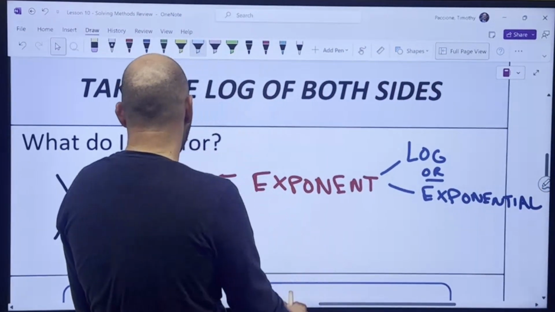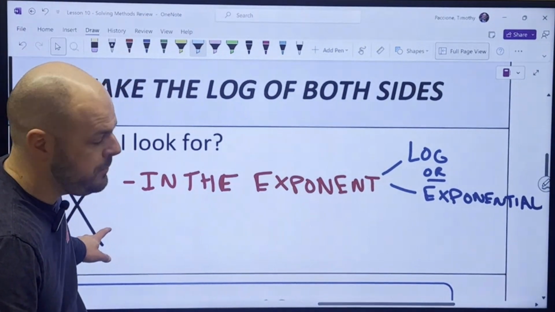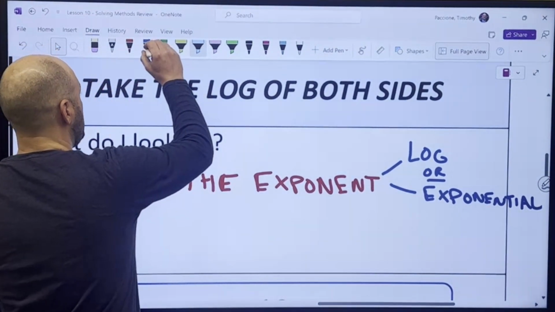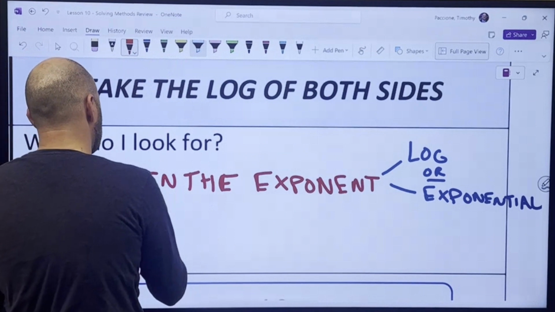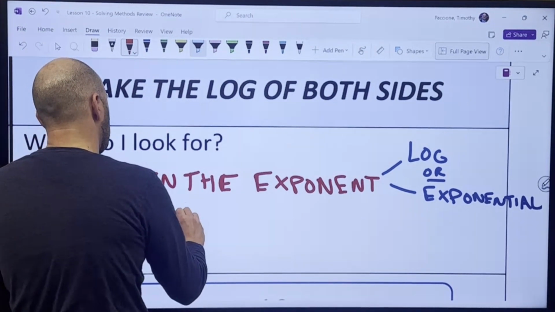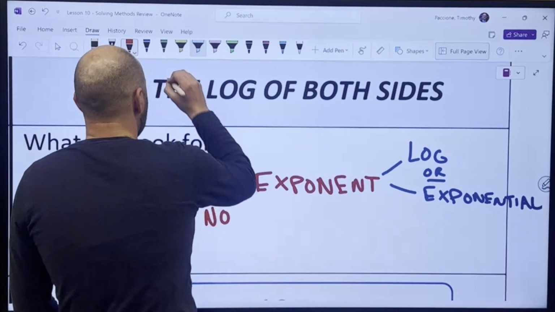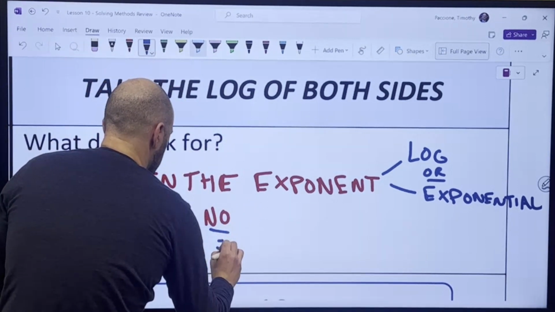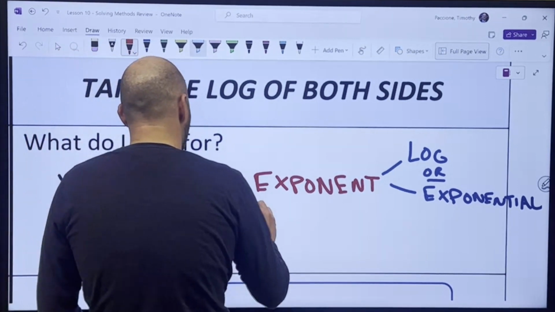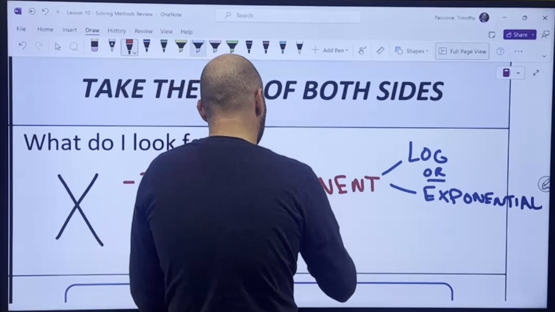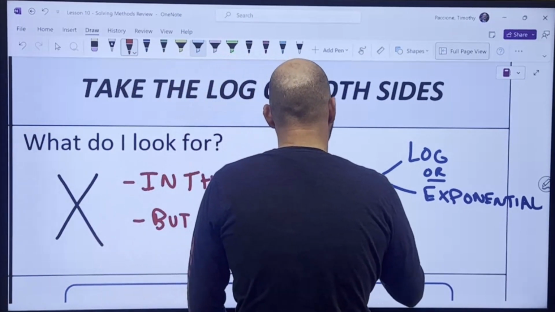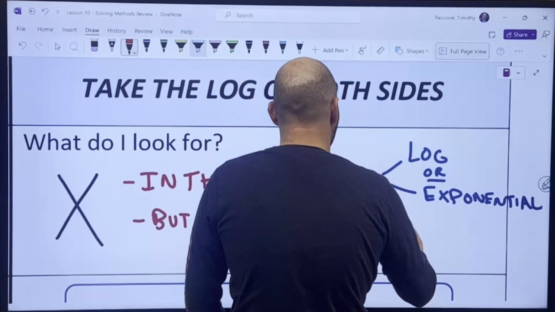Okay? So it could be either of those situations, right? Now, we wouldn't need this if we had a common base. So we could also say, but no common base. And by the way, it would work even if you had a common base. You just wouldn't need it.